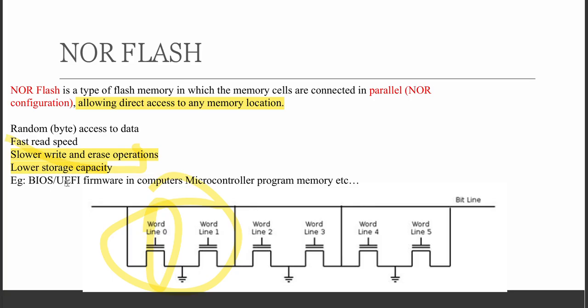And for BIOS, UEFI, firmware, and computer microcontroller use, this NOR flash is basically used in microcontrollers. I already said that in a microcontroller we write code to turn an LED on or off, and I just dump the code inside the ROM. When the controller turns on, it starts executing the code, right?